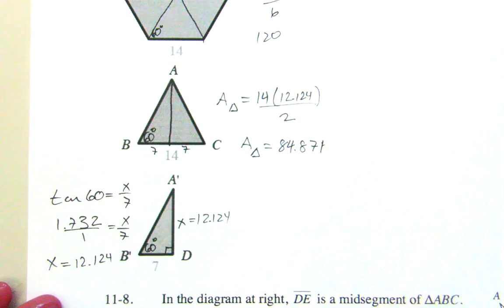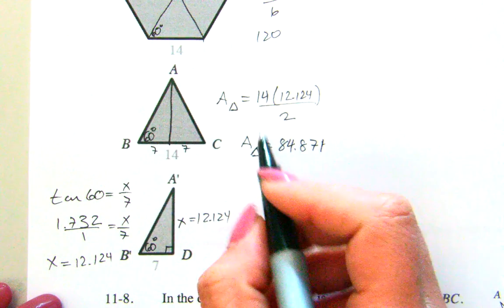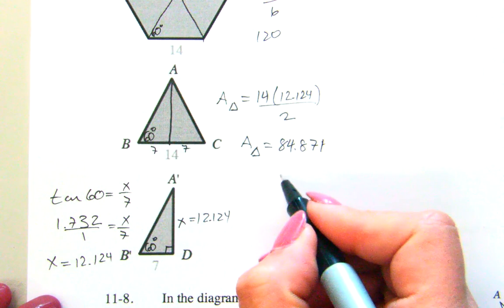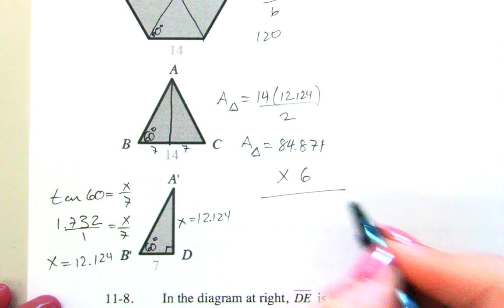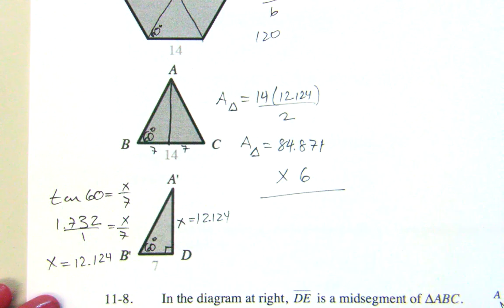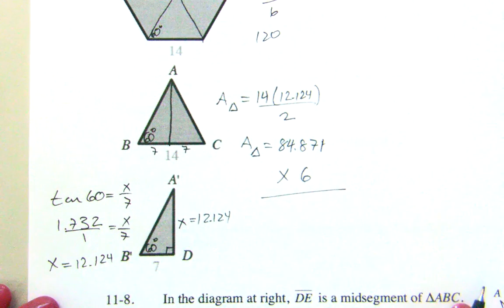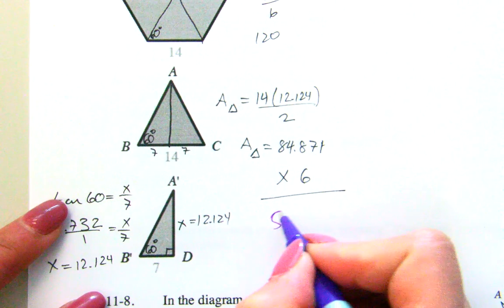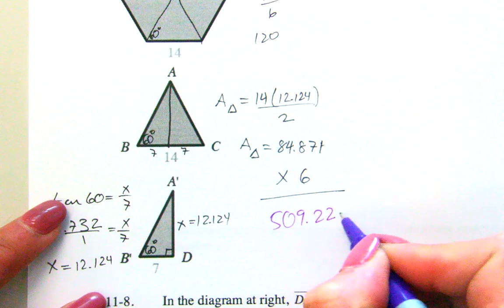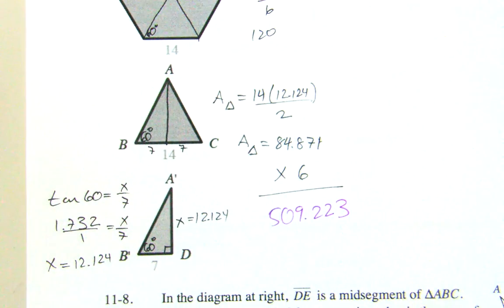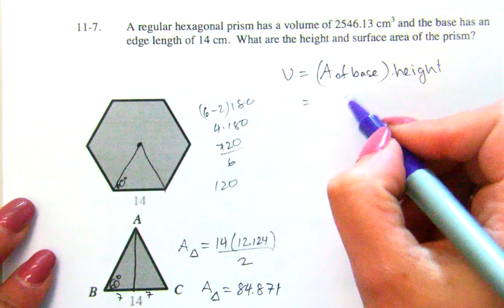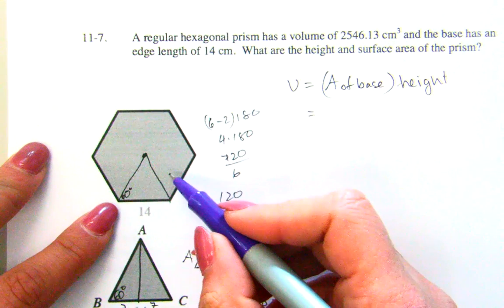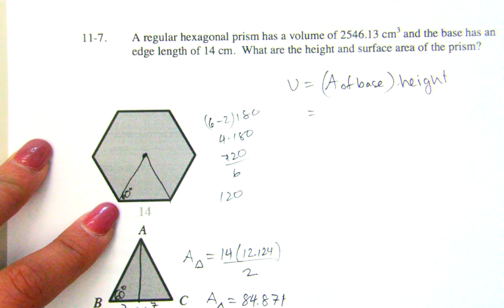Let's just say 84.871. And then for the area of the whole hexagon, take that amount and multiply by 6, which gives us an area of the hexagon of 509.223.